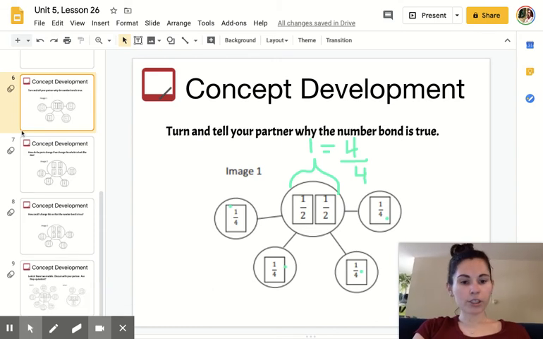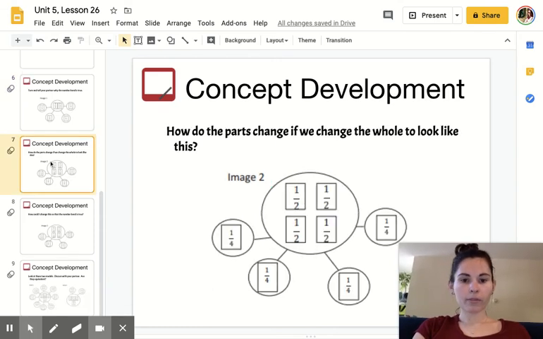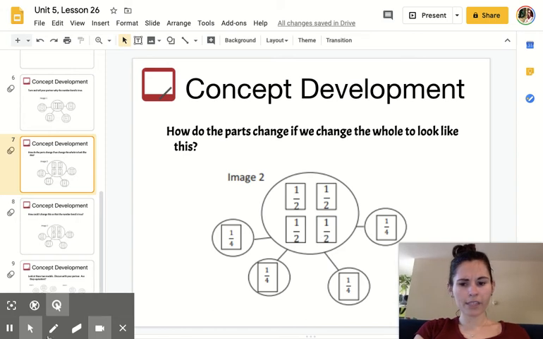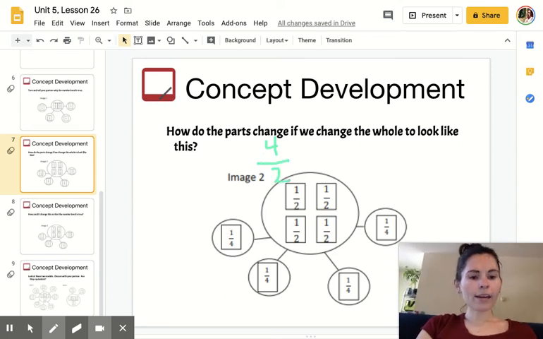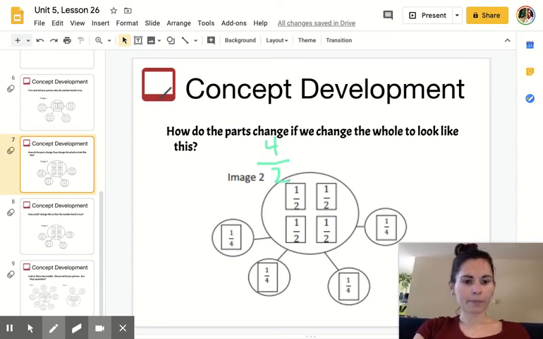Today, we're going to push that understanding. Is this true? 1/2, 1/2, 1/2, 1/2. How many halves is that? 4 halves. 4 halves is how many wholes? Exactly. 2 wholes.